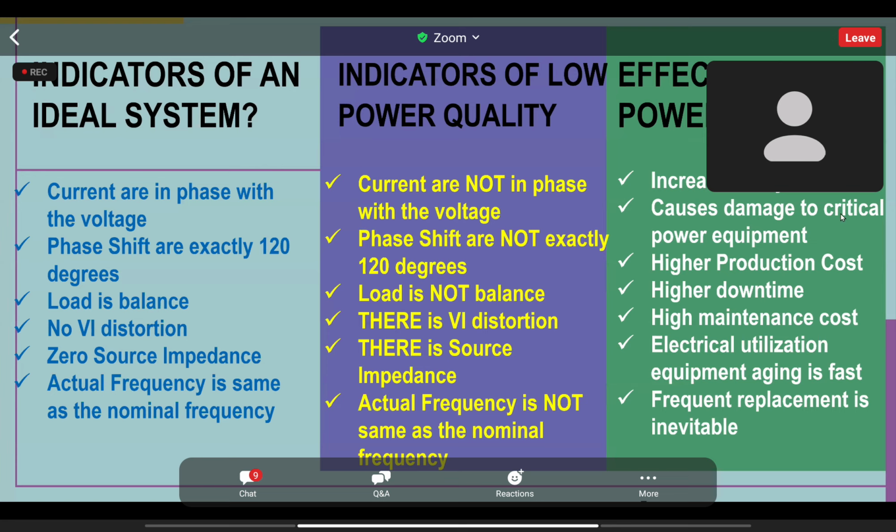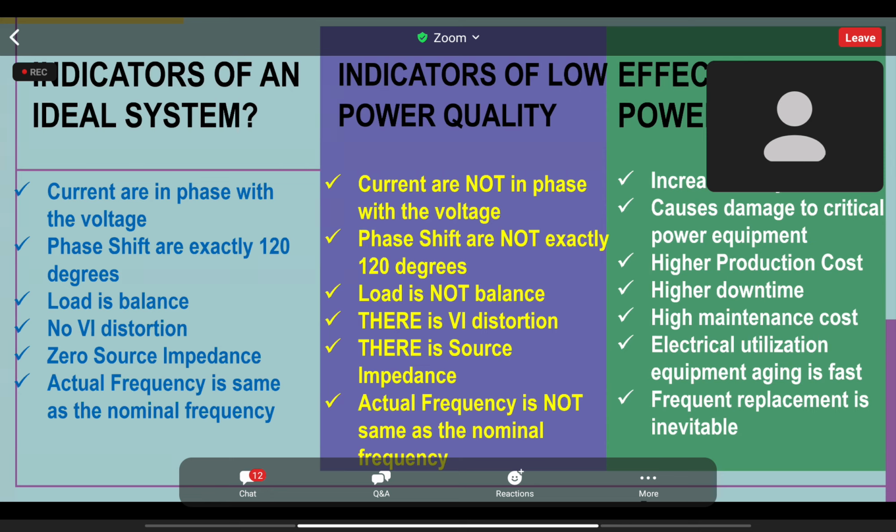So what are the effects of having a low power quality? So number one, if it is severe, there will be an increase in utility bills. So lalaki yung one of the factors na affect niya. It could be increase in utility bills because of heating or other effects. It causes damage to the critical power equipments, especially yung mga electronic equipments natin. Then this will result in high production cost because you need more power. For example, if it is power for pumping water, you need more power for pumping water.